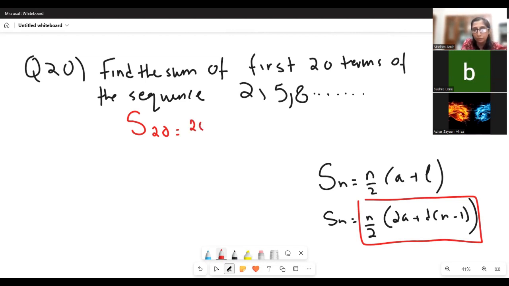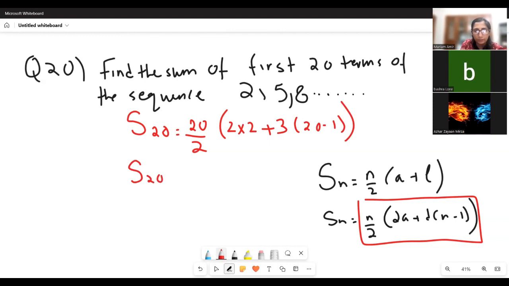So 20 by 2 bracket 2 into 2 plus 3 into 20 minus 1. Give me the sum of the first 20 terms.